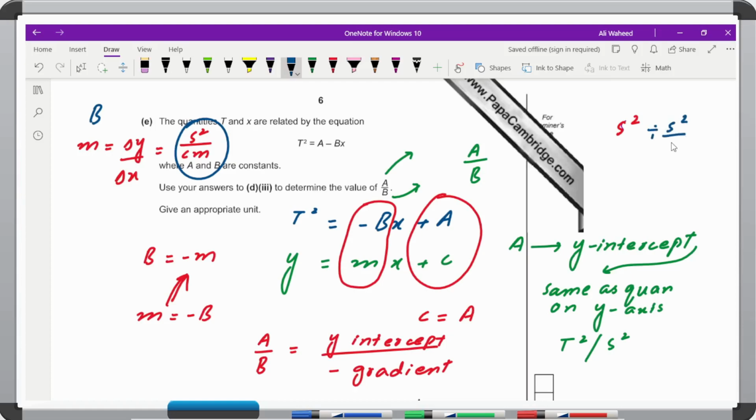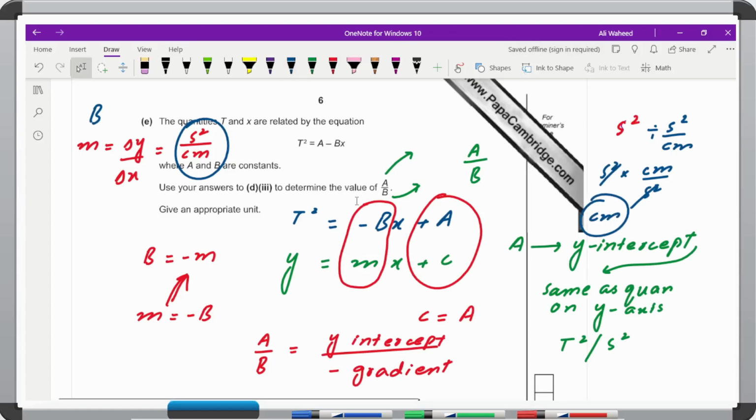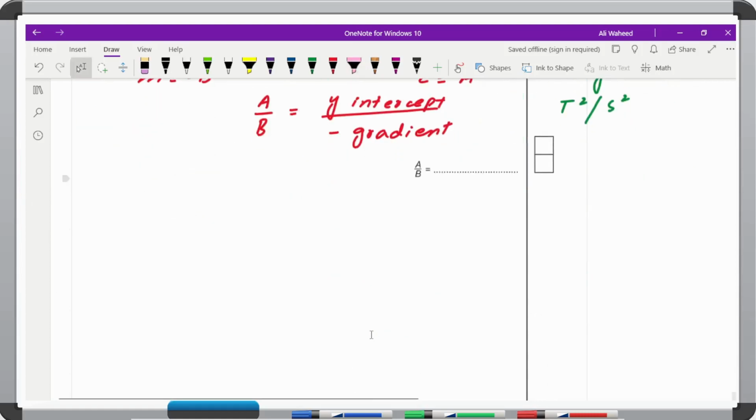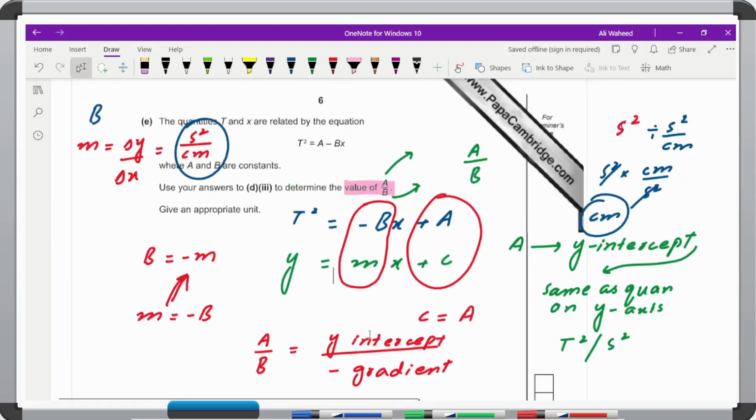To avoid fraction over fraction, many students struggle with it, so you can keep change flip, second square cancels out, and the unit of a over b would be centimeter. So you have to find out the unit of whatever quantity they have asked. For example, in this one they have asked you to find the unit of a over b. So you write down the unit of a and divide it separately by the unit of b, and you simplify the answer. So this is everything that you need to know about question number 1.